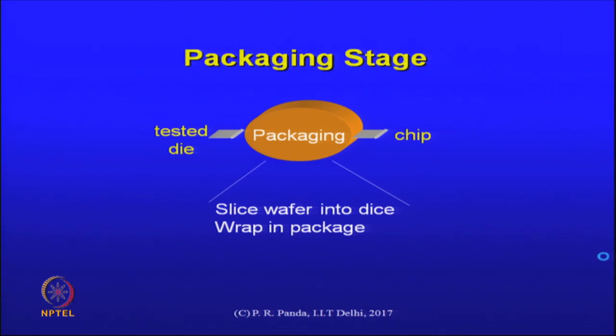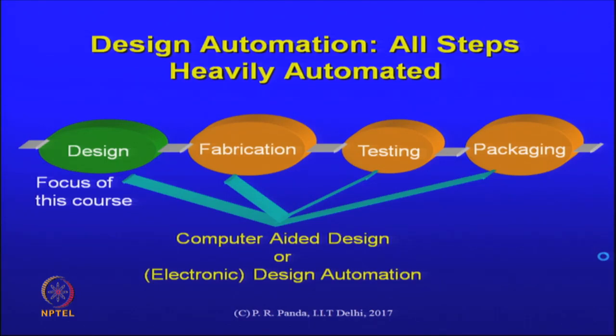Packaging: once the die is tested and is validated to be okay, there is a packaging step which ultimately results in the chip. So, these would be the 3 or 4 high level stages that we go through in chip design. So, this is just to set the high level context.